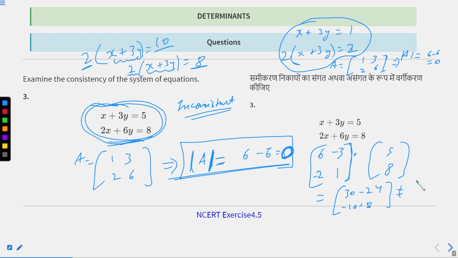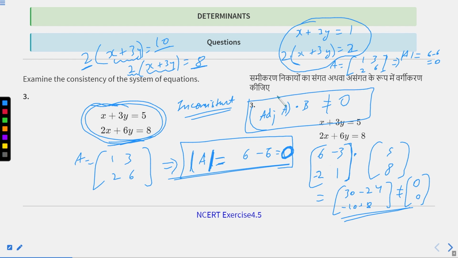This is not a zero matrix. When adjoint of A multiplied by B is non-zero, this guarantees an inconsistent system. If it is zero, then we do not have anything conclusive. But in this case we have. Clear?